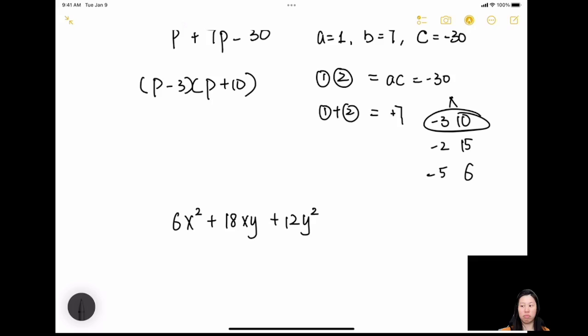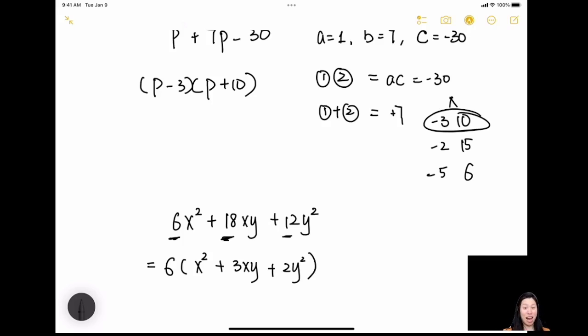I mentioned it in the lecture many times. The first thing you do is try to factor the whole polynomial. What do 6, 18, and 12 have in common? The common factor is 6. So we factor the 6 out, with x squared plus 3xy plus 2y squared.